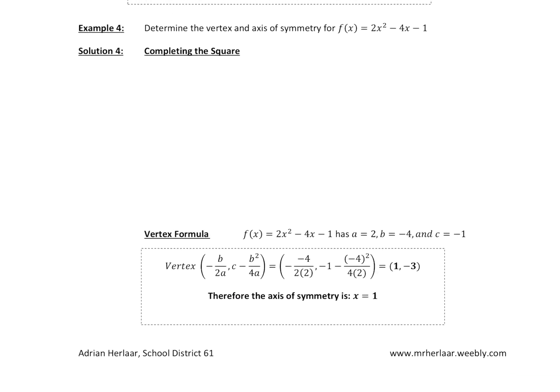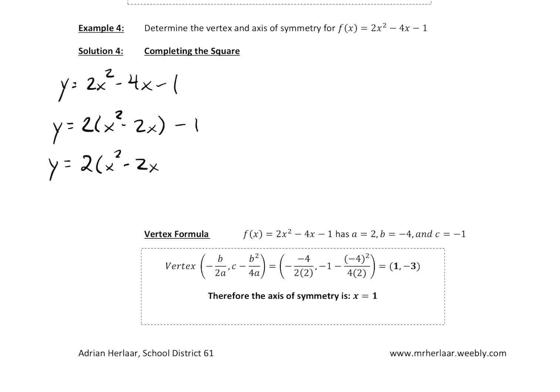Next example. Again, we have y equals 2x squared minus 4x minus 1. I'm going to factor the 2 out. I'm also going to boot my c term over. I'm going to take that negative 2, divide it by 2, square it again, and we get plus 1 minus 1. Similar question, just a different result.